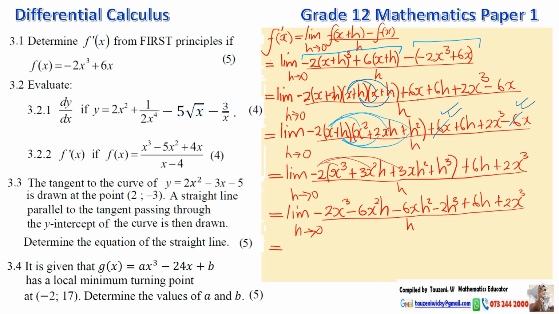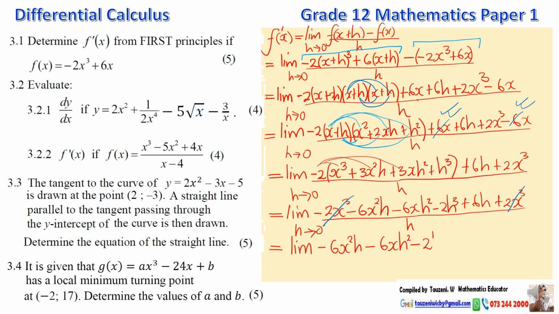Now here we are left with 2x cubed. So if you look at this 2x cubed and that 2x cubed, they become 0. And when the 2 become 0, the remaining terms must all have a common factor of h, because after this you are now going to factorize h.